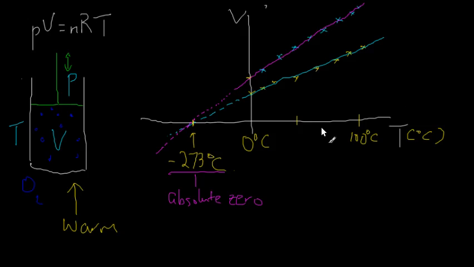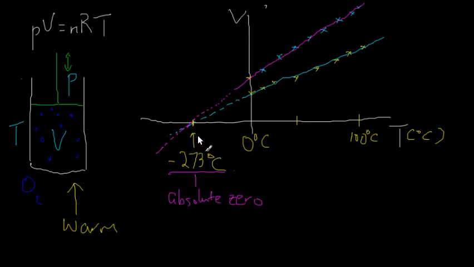What I wanted to explain is that the graph of the relation between the volume and the temperature is a straight line. Okay, maybe I've not digressed by so much, right?